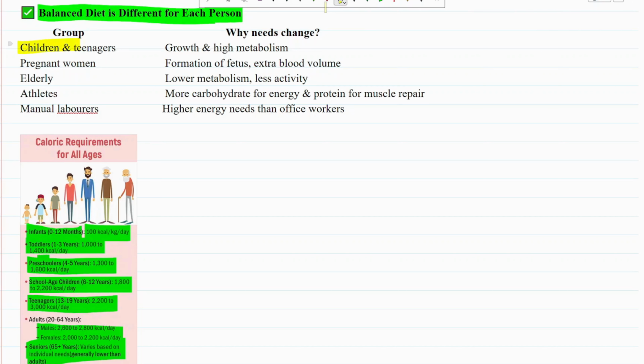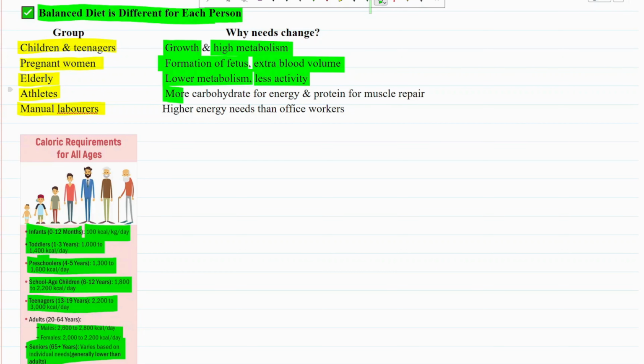Discussed here: children and teenagers, pregnant women, elderly, athletes, and manual laborers. So let's see the difference of balanced diet in each age group. Children and teenagers show growth and high metabolism. Pregnant women have formation of a fetus in the body, so they need extra blood volume. That's why their balanced diet is quite different from that of other women. Elderly have lower metabolism and less activity, that's why their balanced diet is different.